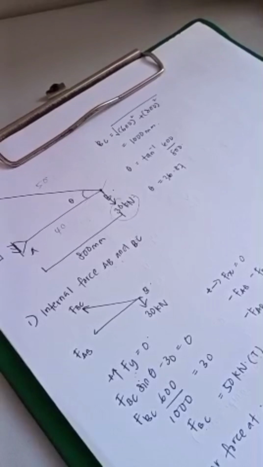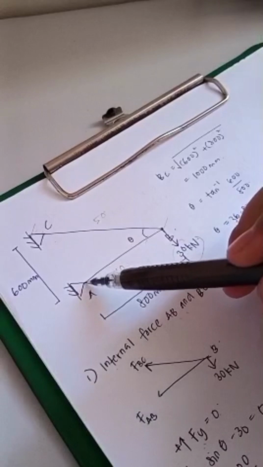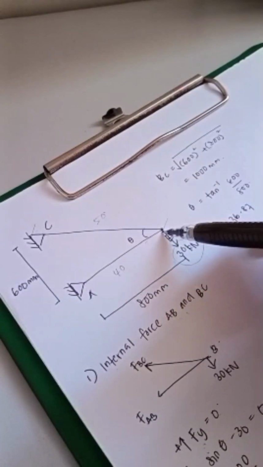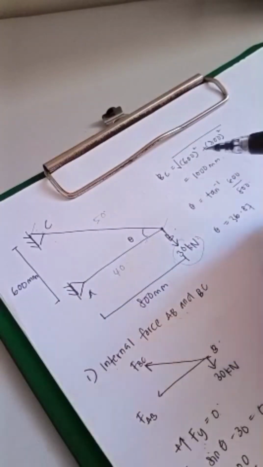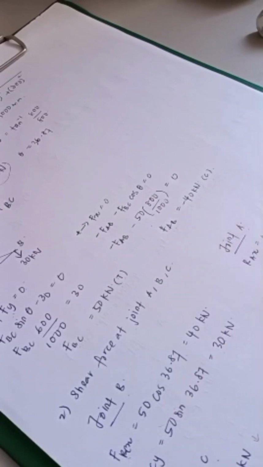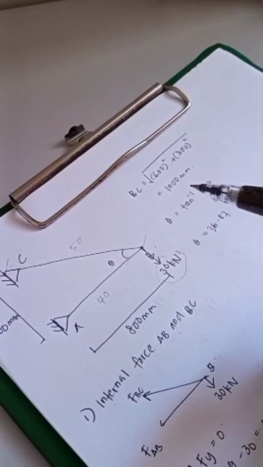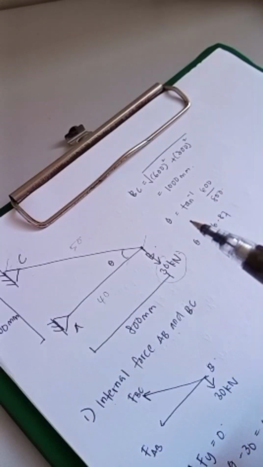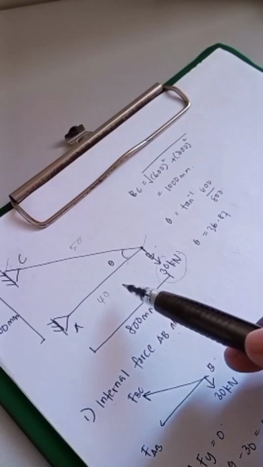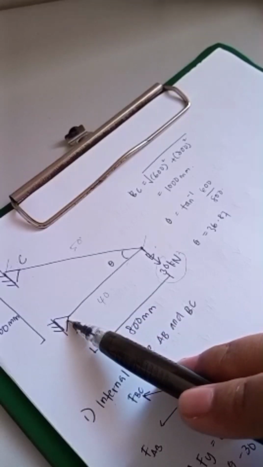Why is it only one? Because at joint A we only have the member force of AB, and from the previous answer we got FAB equals 40 kilonewton in compression, which means it pushes the force away to the left.